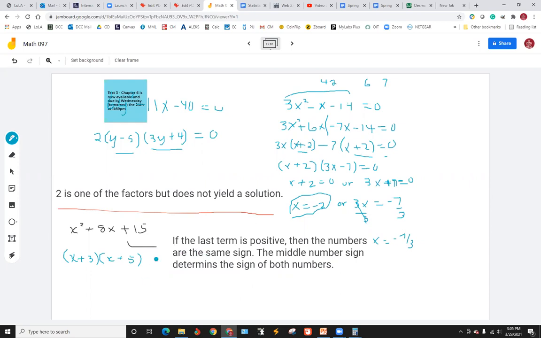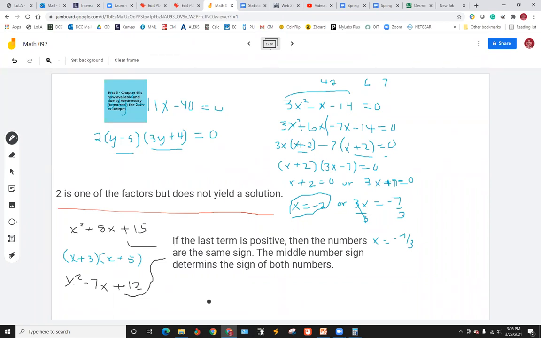Now, that also applies to another type. If we had one that looked like this with that middle term, this also applies to this one as well. x squared minus 7x plus 12.